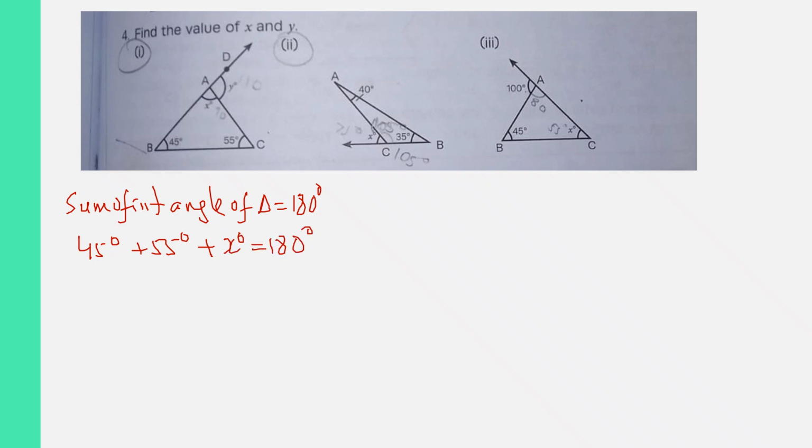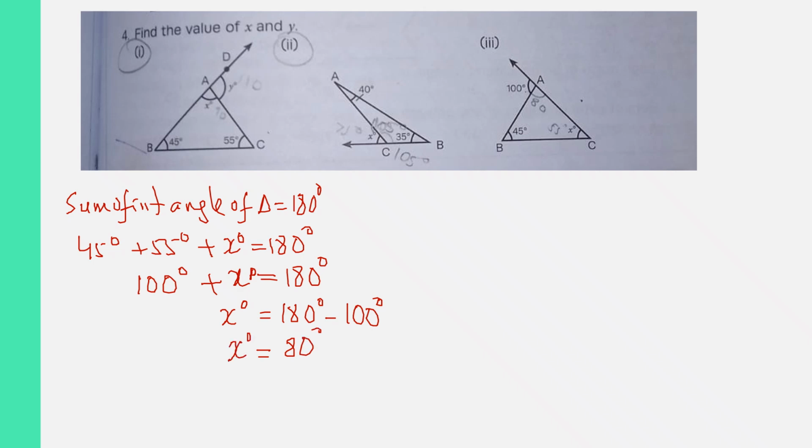Now when you add 45 and 55, you get 100 degrees, and then you have x degrees is equal to 180 degrees minus 100 degrees. Okay, so in which case you will get 180 minus 100 is 80 degrees, right? So x degrees will be equal to 80 degrees. So this means this is 80 degrees.